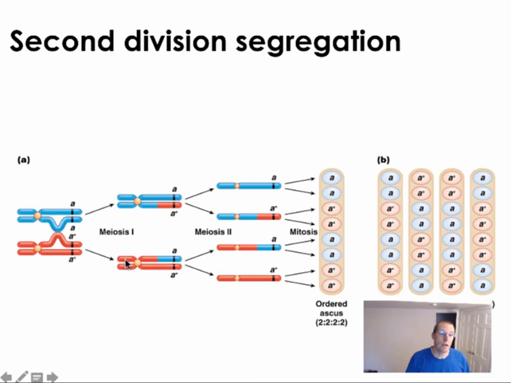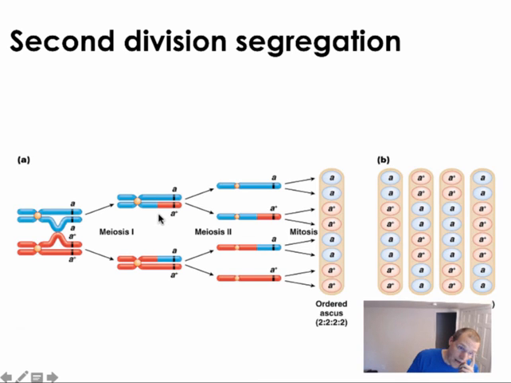And in this homolog at the bottom, we have the recombinant chromosome, and then the other sister is the parental, and it's the maternal given the color coding that we're looking at. So when we do meiosis 2, you can see how the different sisters separate to give us this particular pattern in the ascus.